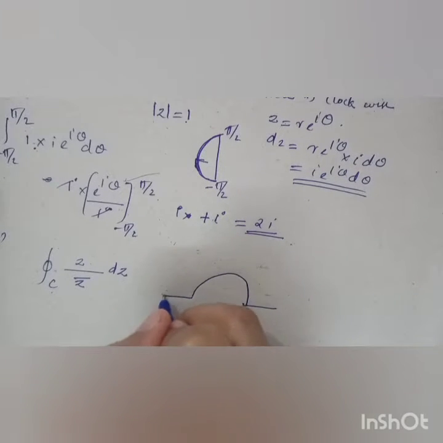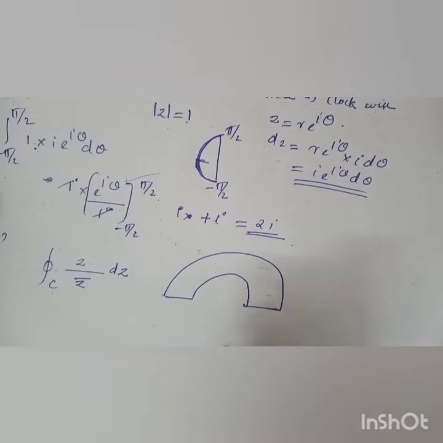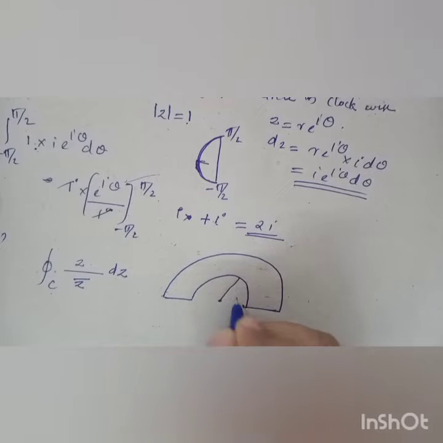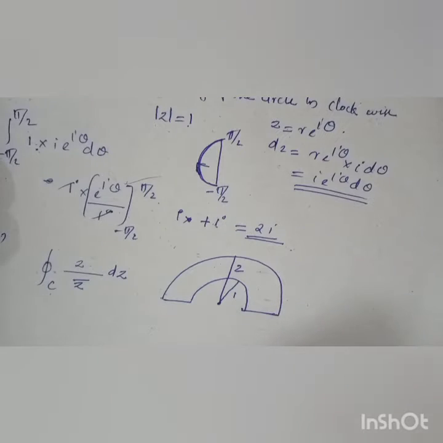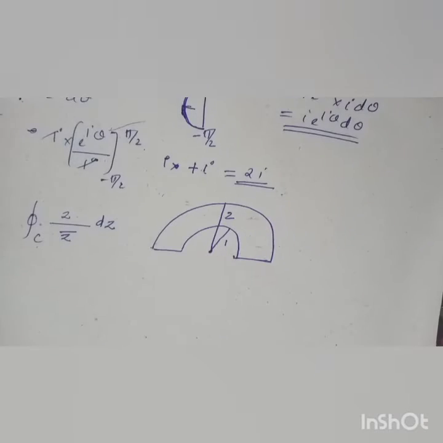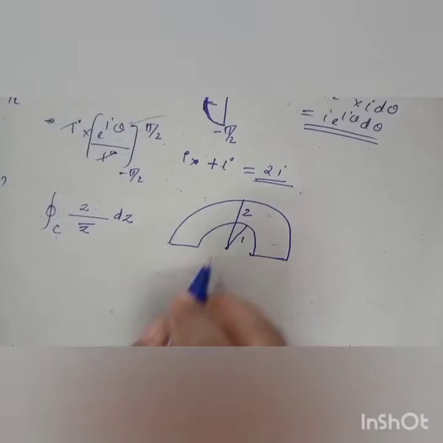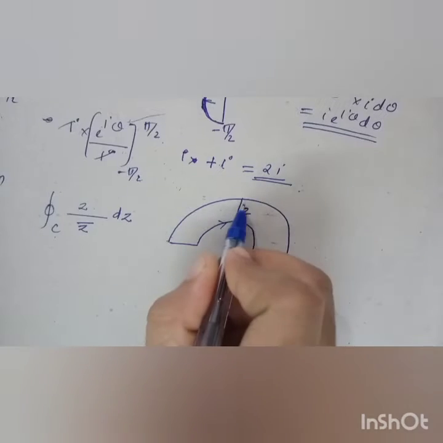We have to find the integral. This is 1, this is 2. So how to do this? We have to integrate this along these curves. So we can integrate from like this.